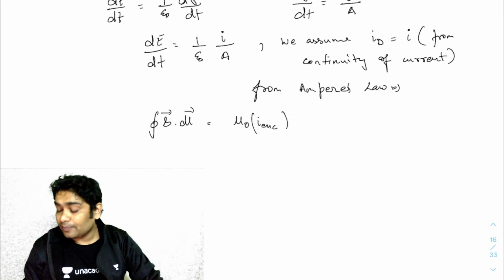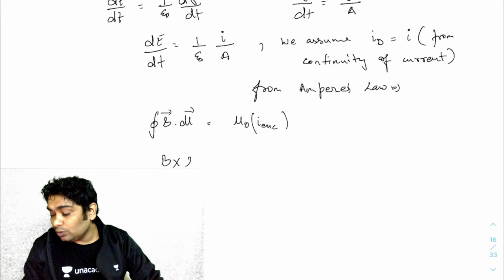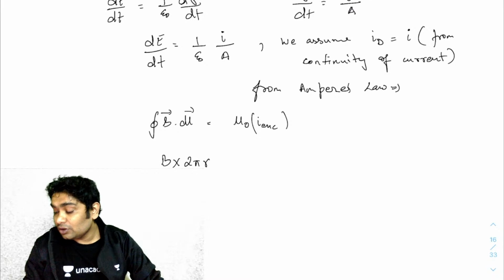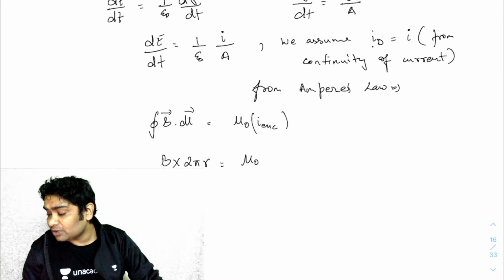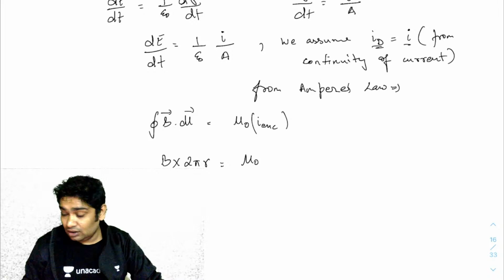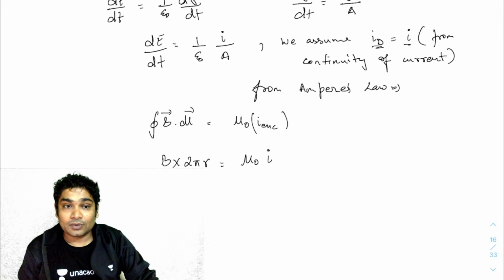So I would have gotten B into 2 pi r equal to mu naught I, and I am assuming displacement current to be equal to the external current. I enclose this I itself. So that is what we are trying to do.